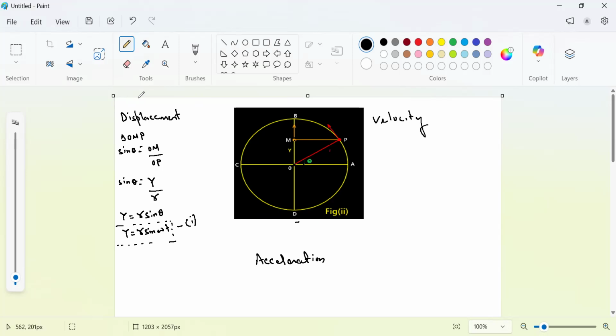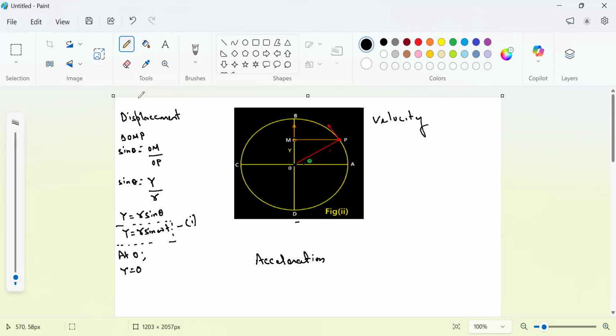Now, at the mean position, that is at O, the angular displacement covered will be 0. So theta equals 0 degrees. Hence, y equals R sine 0 degrees equals 0.